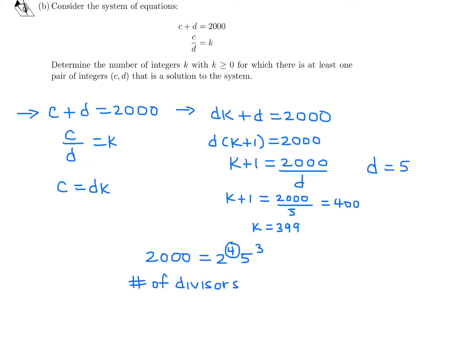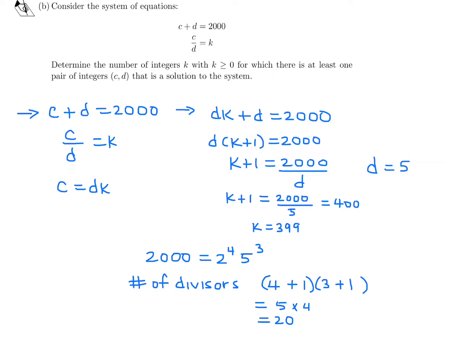You take the first exponent, in this case 4, and add 1. Then multiply that by the second exponent plus 1. So in this case, that's 5 times 4, so that's 20. So that means there's 20 divisors of 2000.